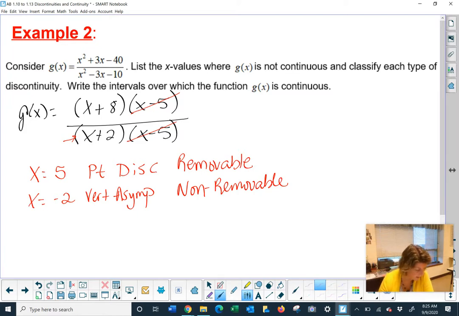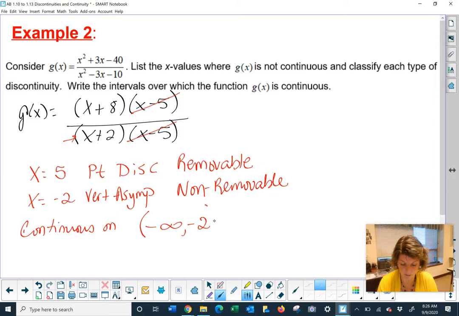And the final thing it asks us to do, write the intervals over which it is continuous. So we do have a couple spots where we don't have continuity. So it is continuous on -infinity up to -2, where we have that vertical asymptote.